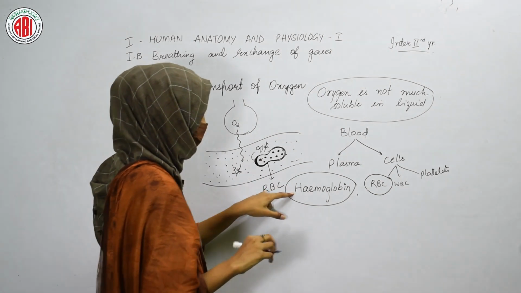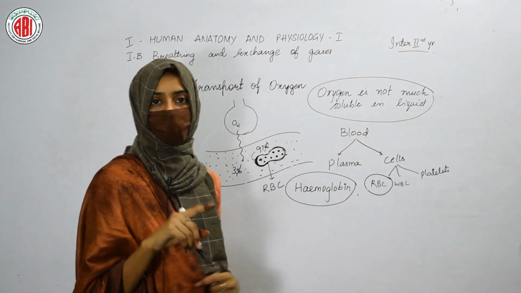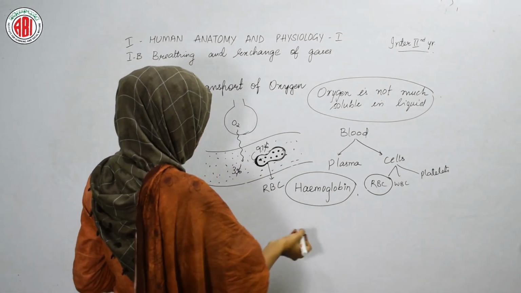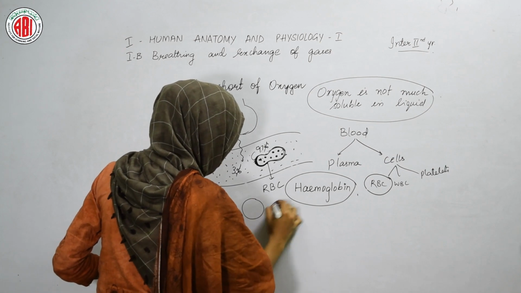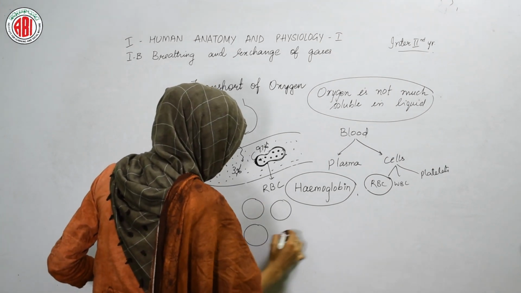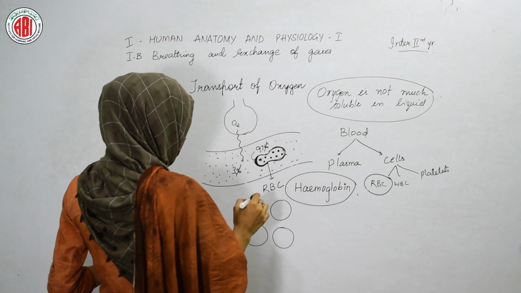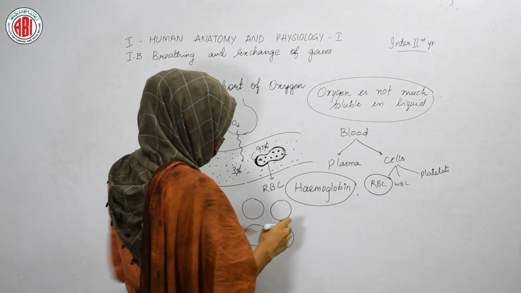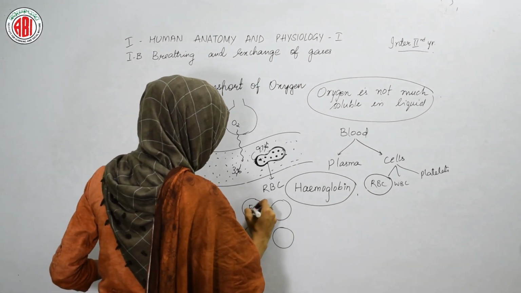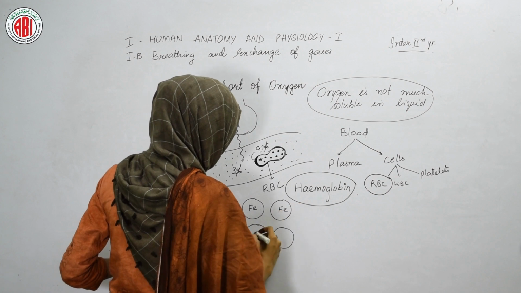So if you see the structure of one hemoglobin, 4 heme groups are present in one hemoglobin, and these 4 heme groups show the presence of a metal, that is iron.